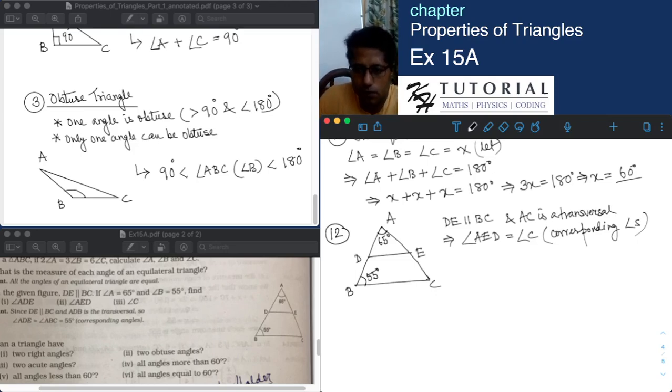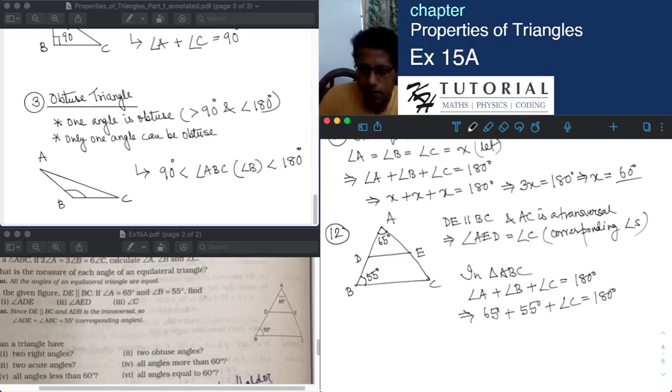Now from the triangle ABC, we have angle A plus angle B plus angle C equals 180 degrees. This implies angle A is given to be 65 degrees, angle B is given to be 55 degrees, plus angle C is equal to 180 degrees.